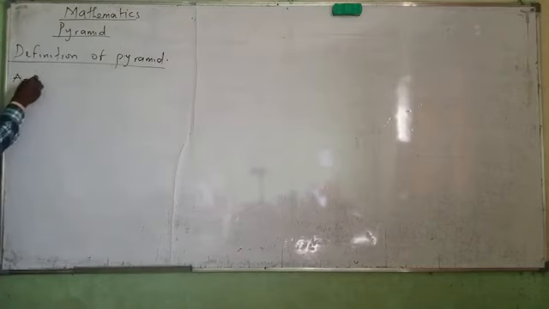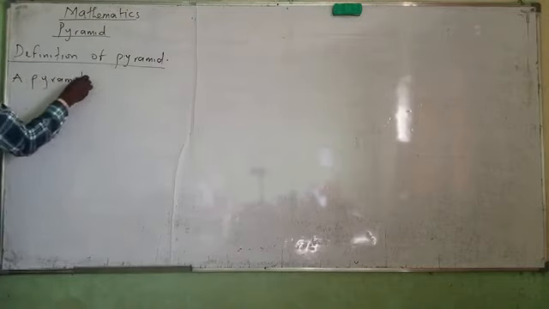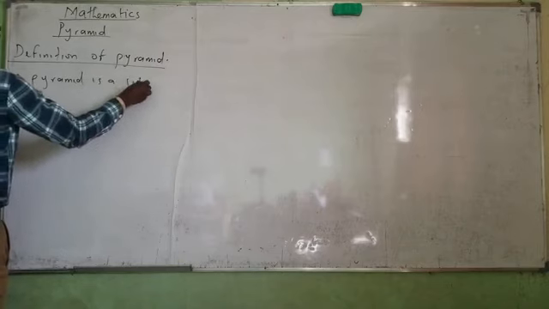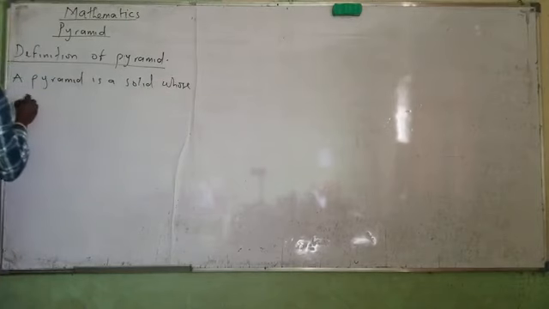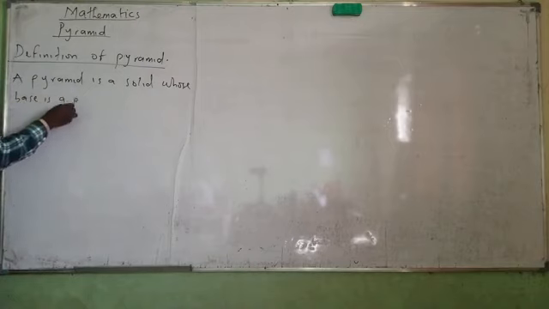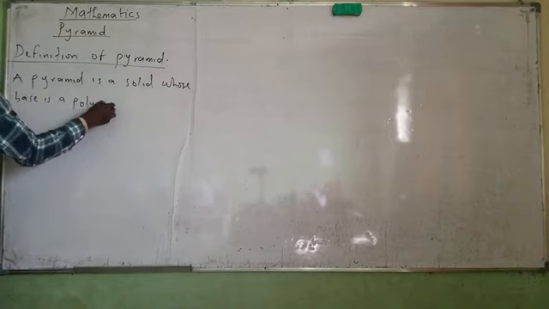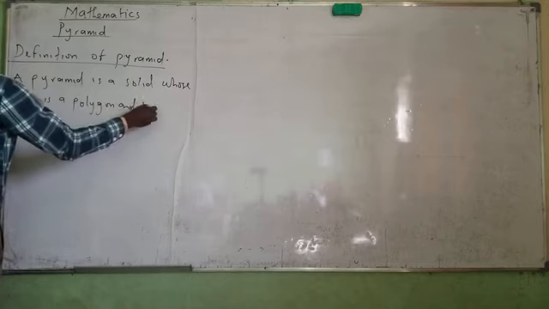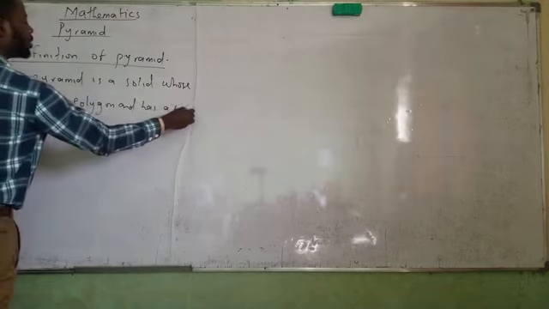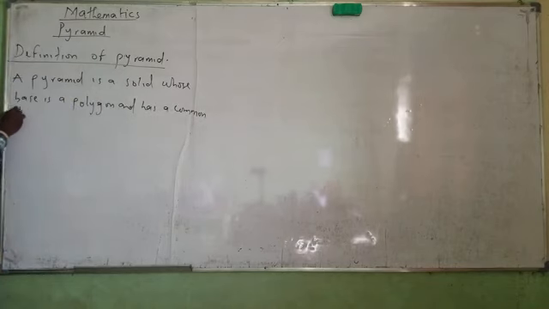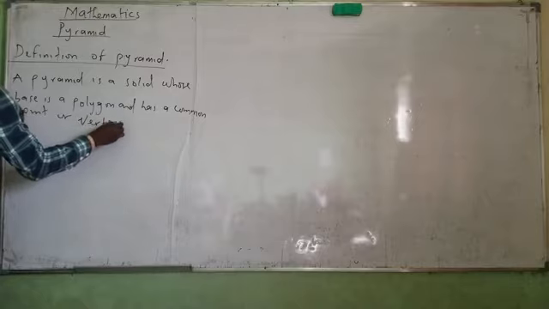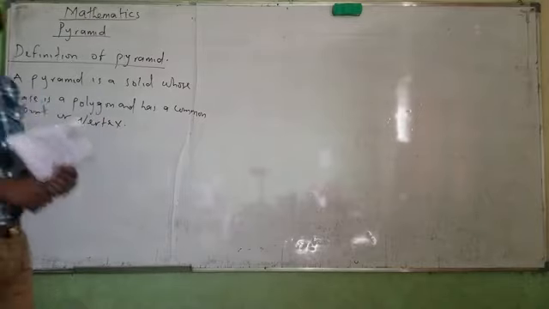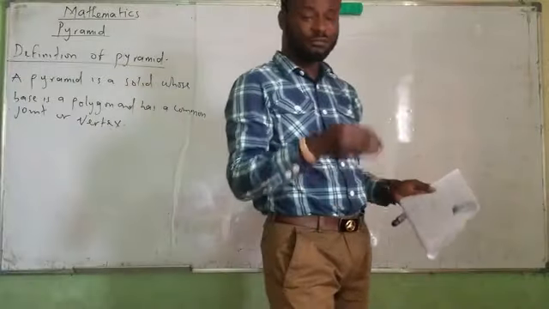A pyramid is a solid whose base is a polygon and has a common joint or vertex. That is what I call a pyramid. It has a common joint or vertex.